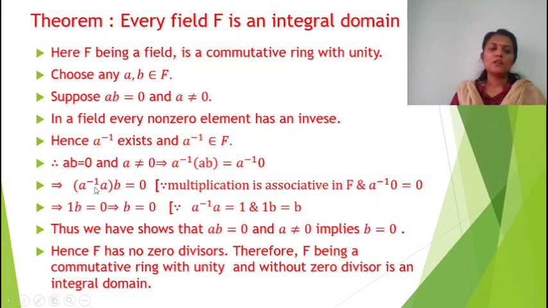So a inverse a is equal to 1, and 1b is equal to 0, which implies b equal to 0, since a inverse a equal to 1 and 1b equal to b. Thus we have shown that ab equal to 0 and a not equal to 0 implies b equal to 0. Hence F has no zero divisors. Therefore F, being a commutative ring with unity and without zero divisors, is an integral domain.